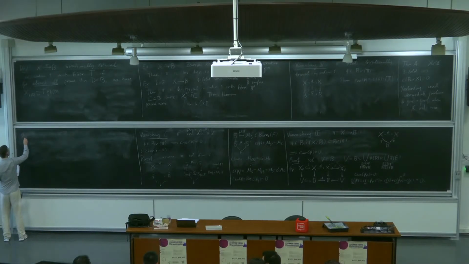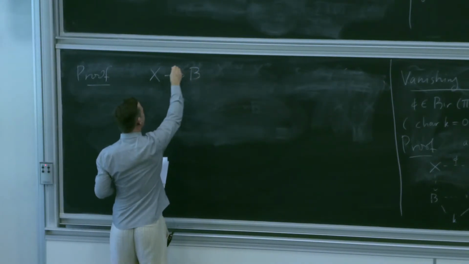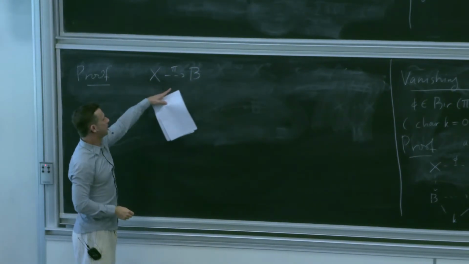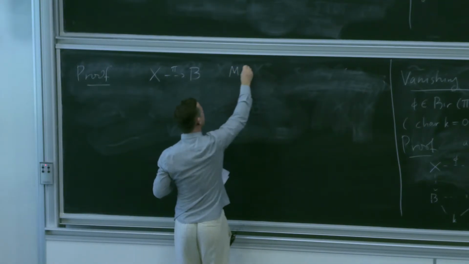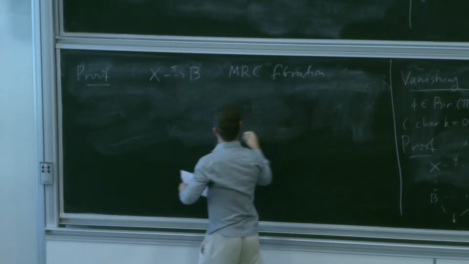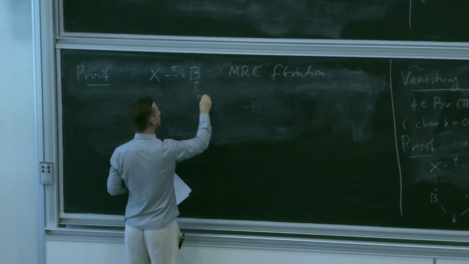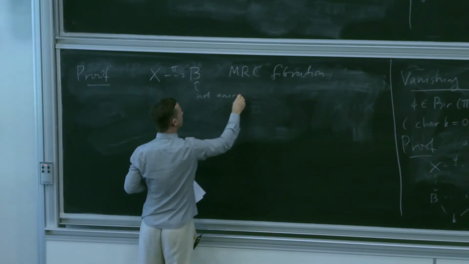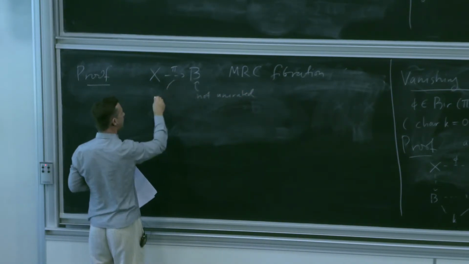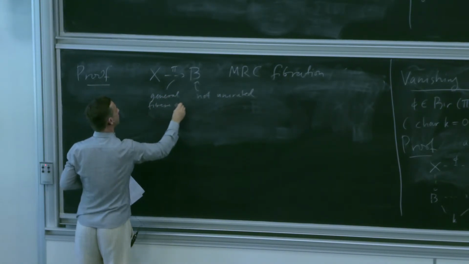So we look at the MRC fibration. This morning I started with recalling that any variety has the so-called MRC fibration, maximally rationally connected fibration, where the base has very few rational curves, not uniruled, not covered by rational curves, and general fibers are rationally connected.